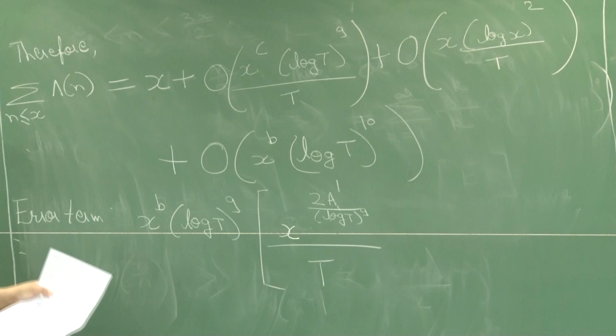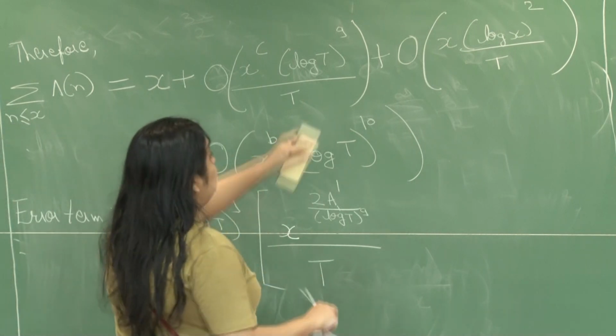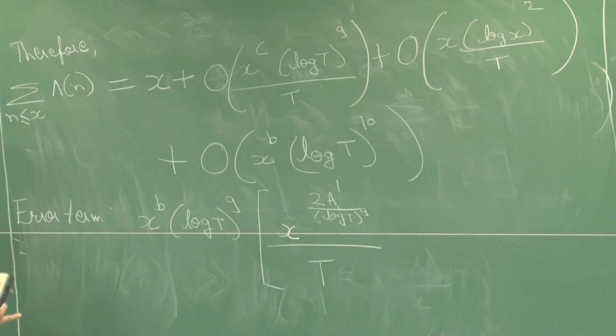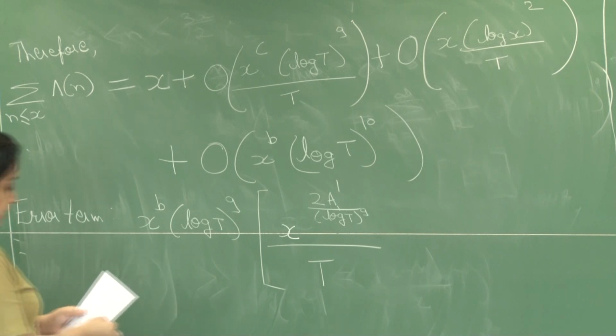So you have x times (log x) whole square over T. What happens to that term?